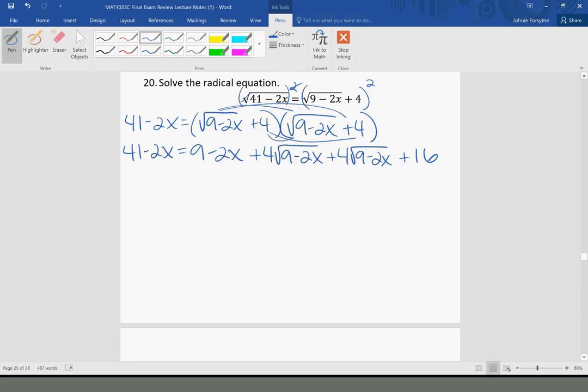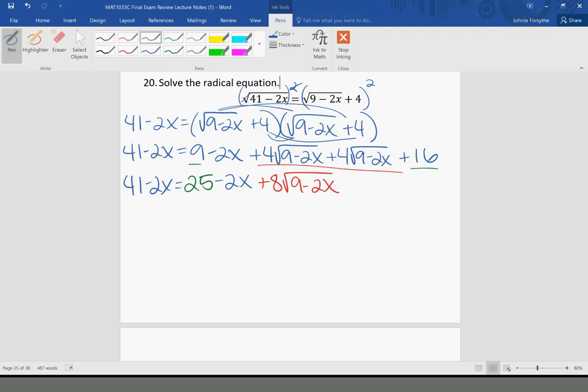So let's see here. 9 plus 16 is going to give me 25. So I have 25 minus 2x. We have like terms here, so it's going to be plus 8 square root of 9 minus 2x. I still have that 41 minus 2x on the left.